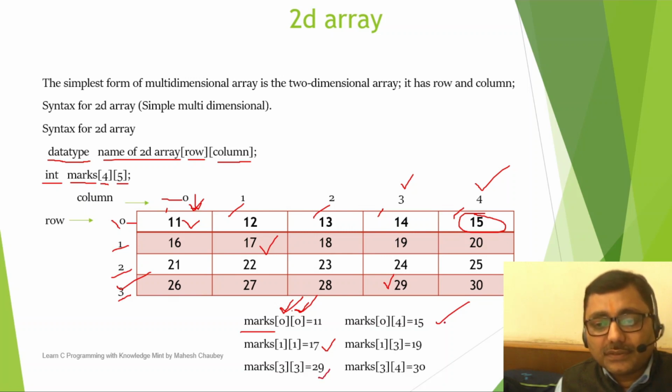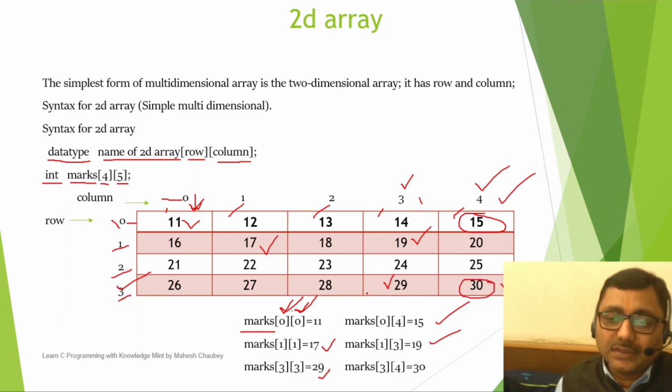Similarly, if I go ahead with row index 1 and column index 3, I will be able to find this 19. Similarly, 3 4, row number 3 and column number 4, we are able to find this.